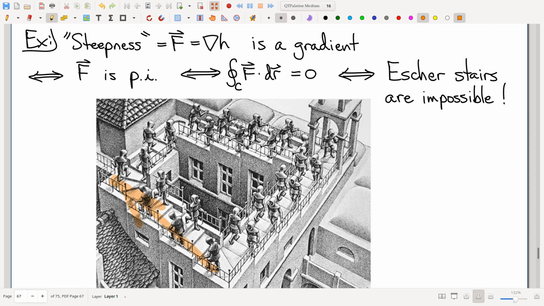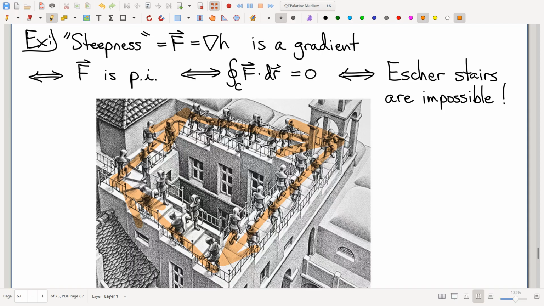That's uphill. That's uphill. That's uphill. Wait a second. These NPCs walking that direction around the stairs, they keep going up, but they keep coming back to the stairs. What? Nonsense. Right?